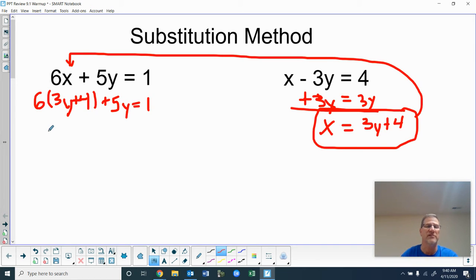So I distribute the 6. 6 times 3y is 18y. And 6 times 4 is 24. Plus 5y equals 1. Now I have an equation that just has y in it, and I can solve for y.